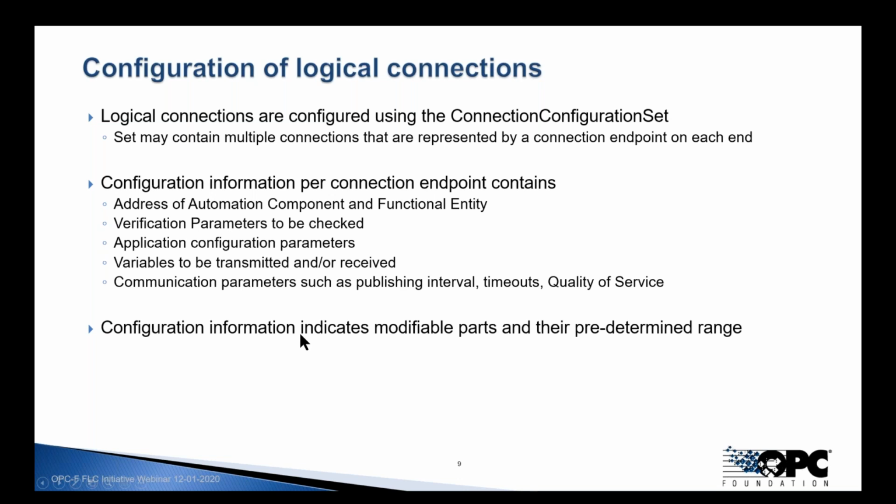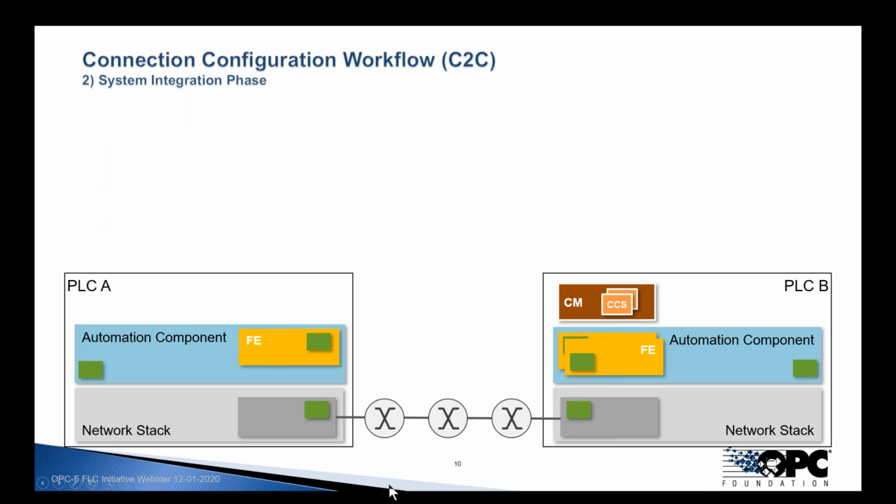The connection information also indicates modifiable parts and the predetermined range. Why do we need that? Think about our engineer A and engineer B sitting in their departments at some machine builder's factory. We deliver the machines, PLC-A including the machine behind it, and PLC vendor B or engineer B delivers his PLC to some customer.